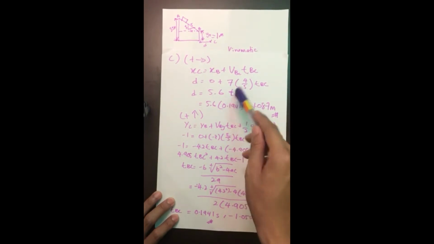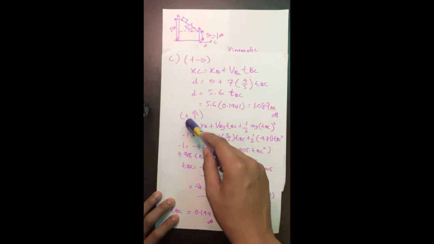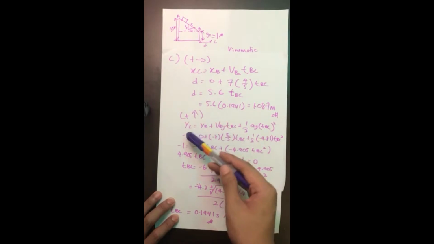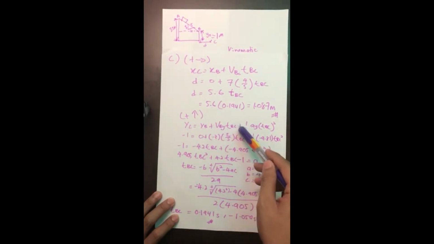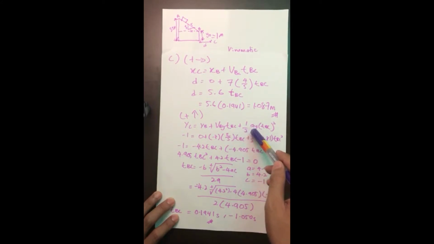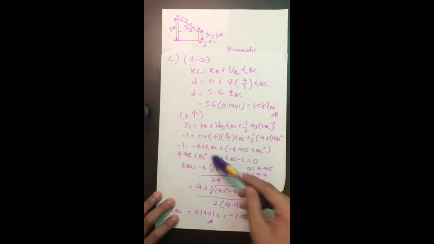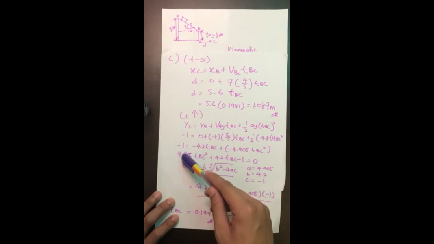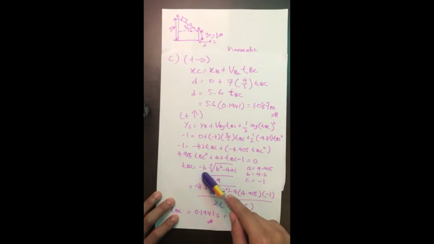TBC remains unknown, as we can find it from the vertical motion. We assume everything that moves upwards is positive. YC equals YB plus VBY times TBC plus 1 over 2 times the acceleration in Y times TBC squared. We solve it and we get this equation, and we solve it using the quadratic equation.